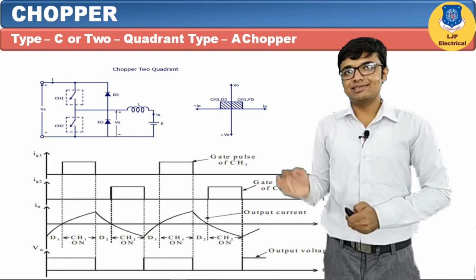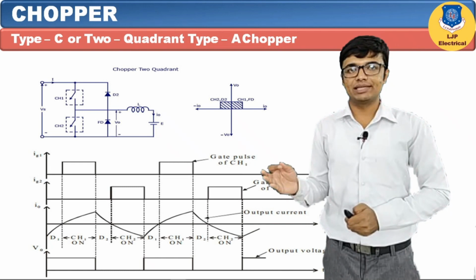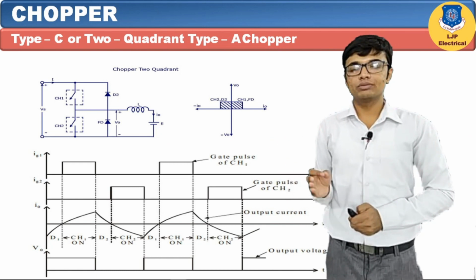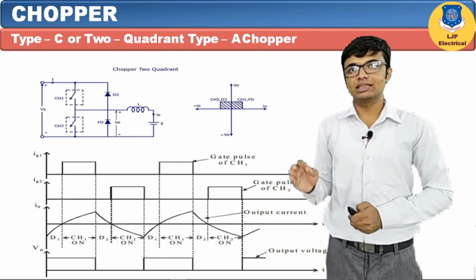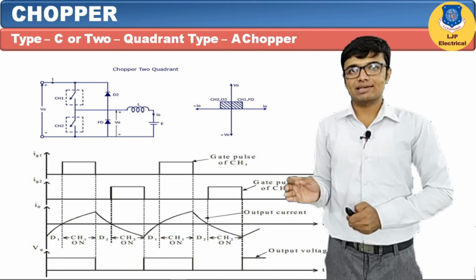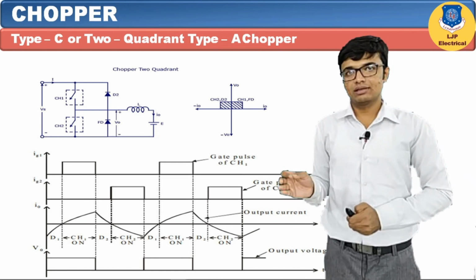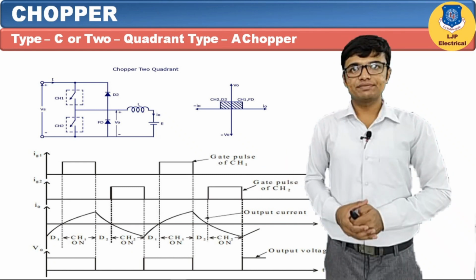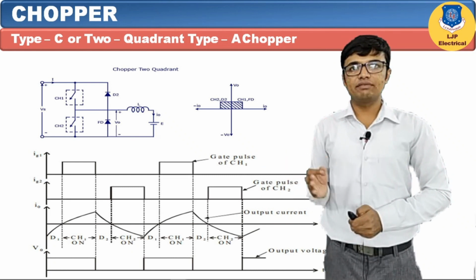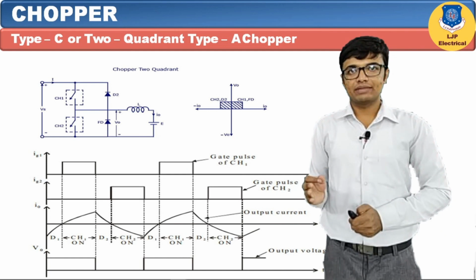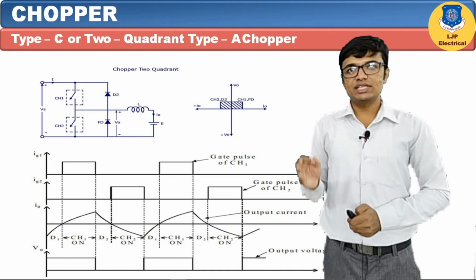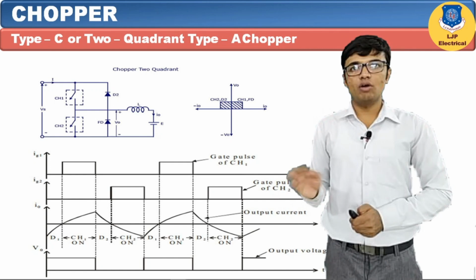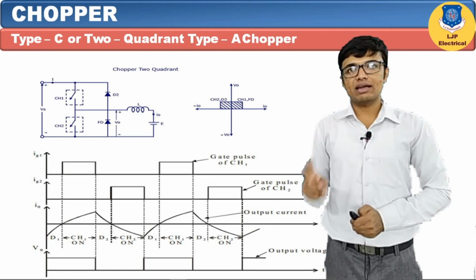At the same time this inductor is going to store energy, and if we turn off the switch 2, the energy stored in this inductor and the load will discharge through this diode D1 such that it will charge the supply. In this way, when the switch 1 and diode D2 are on, it will operate in first quadrant. When the switch 2 and diode D1 are on, it will operate in second quadrant.